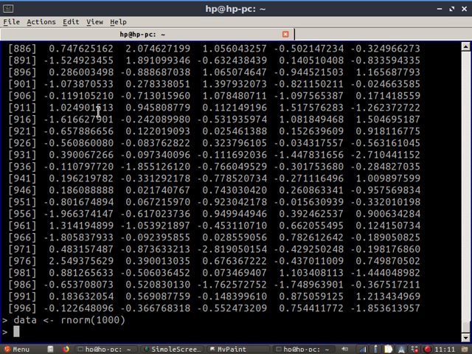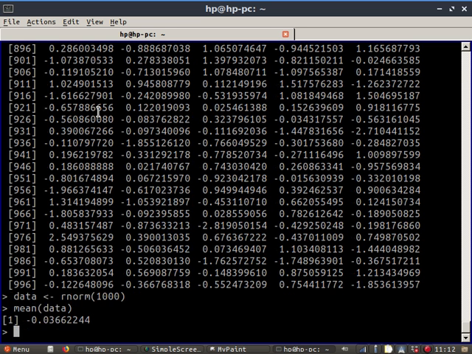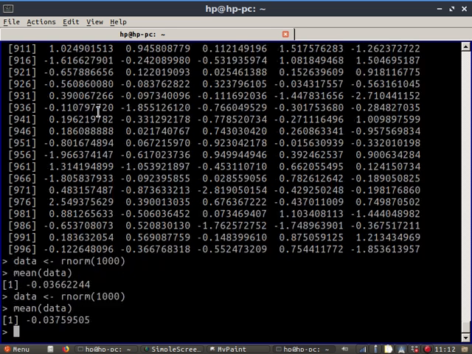That's way too hard to see, isn't it? Because it's black. Okay, there's 1,000 values. Let me get the average of them. Nearly 0. Now, if I generate a different 1,000, I get a slightly different average.